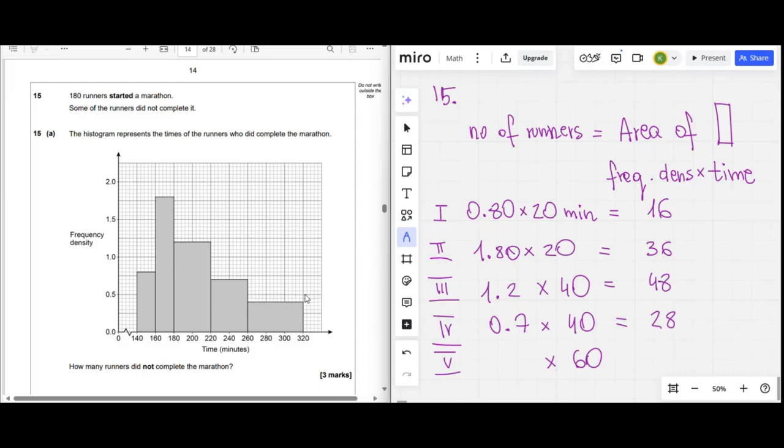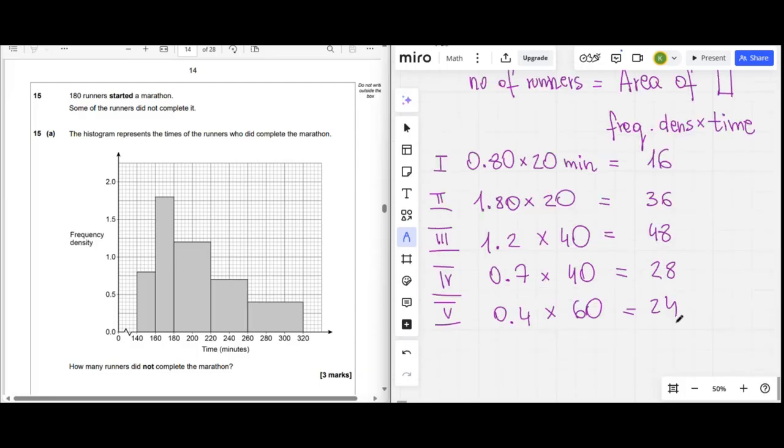This is 5.5, and each one is 0.05, so two together is 0.1. Okay, so 0.4 is there. Can you see that? Okay, 0.4 times 60 is 24.